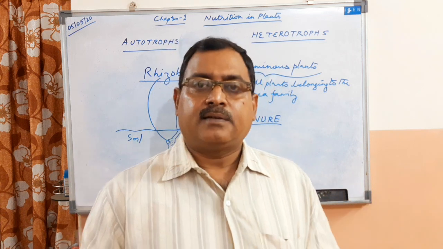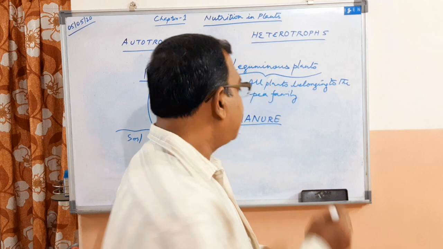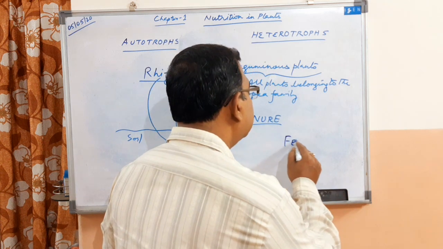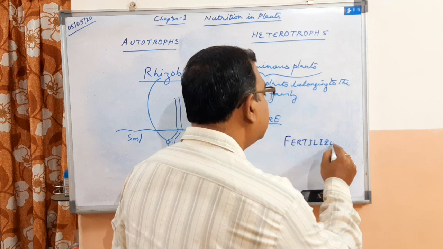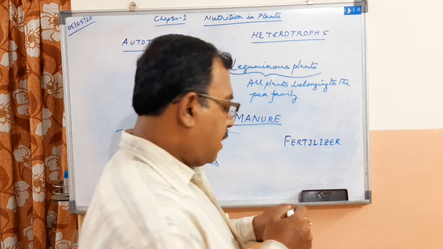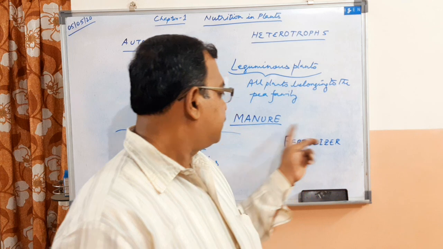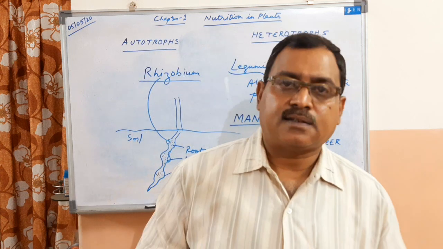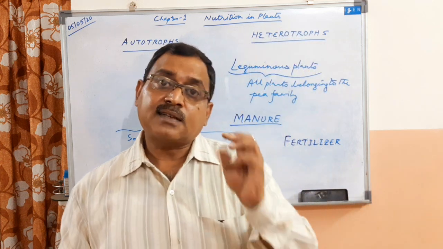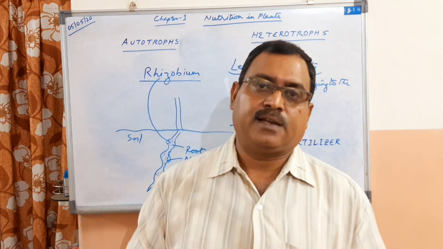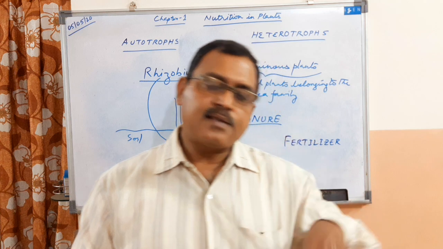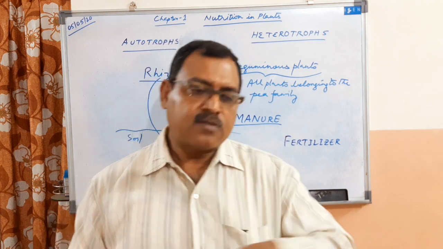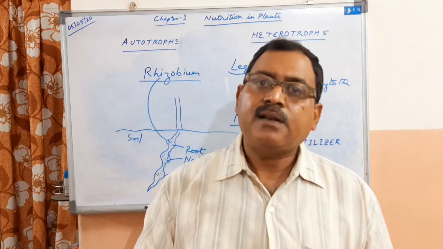Now another substance is there which is called fertilizer. Plants are also fed with fertilizer. Fertilizers are chemical substances which are made in factory, and these are soluble in water. So either they are mixed with water and then sprayed in the field, in the agricultural land.